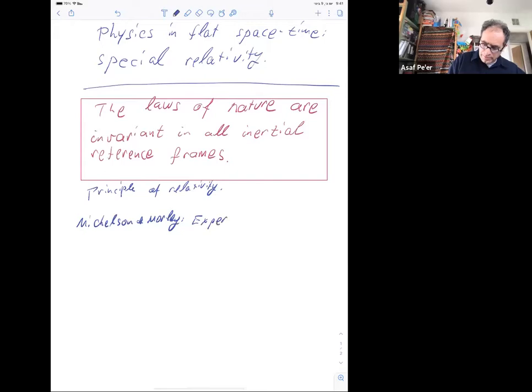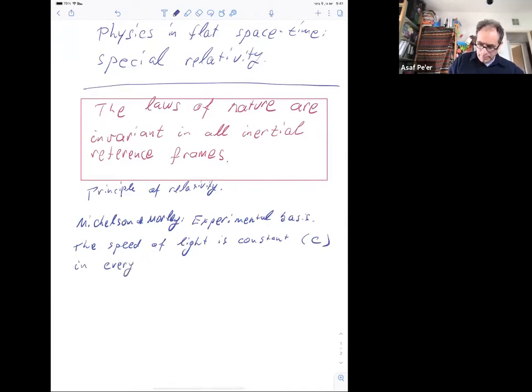Experimental basis. The speed of light is constant in every inertial frame. Okay, very good.